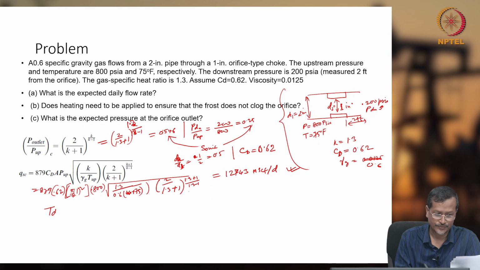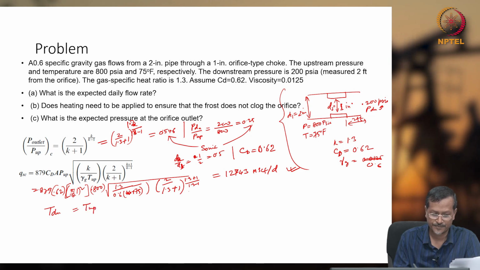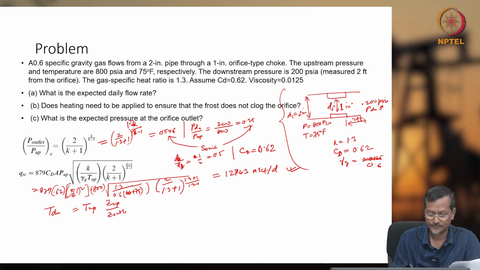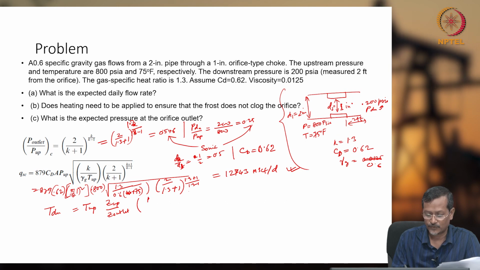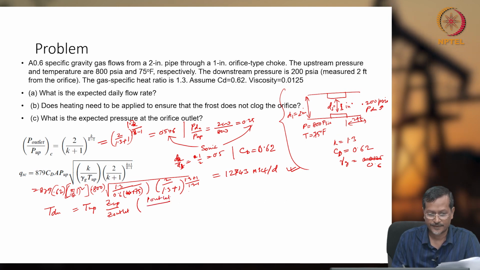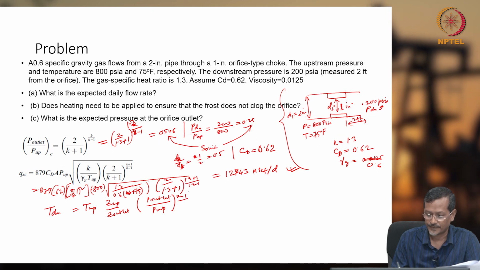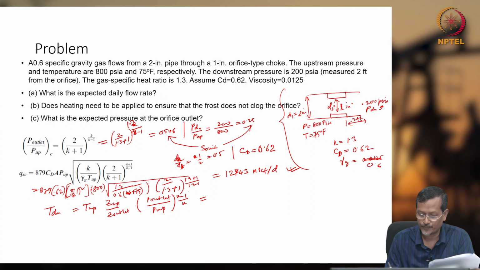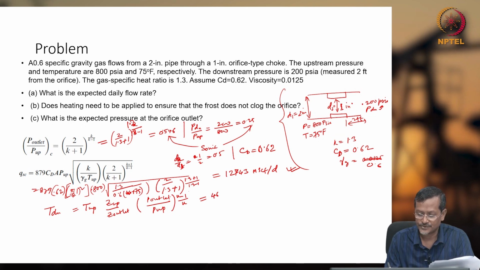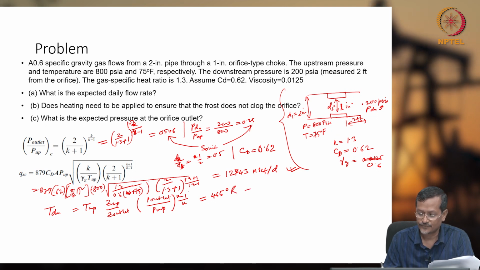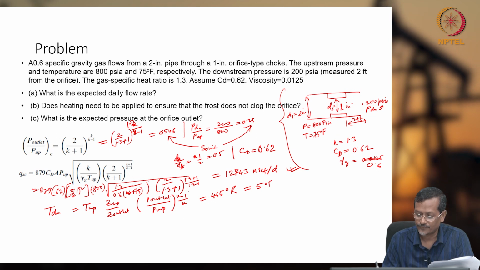So T downstream equals T upstream times Z upstream divided by Z outlet times P outlet divided by P up, to the power K minus 1 by K. If I put this value, it is coming 465 degree Rankine, which means 5 degree Fahrenheit, less than 32 degree Fahrenheit.